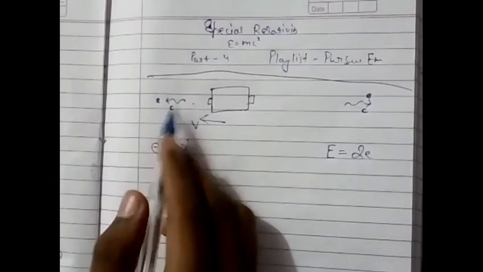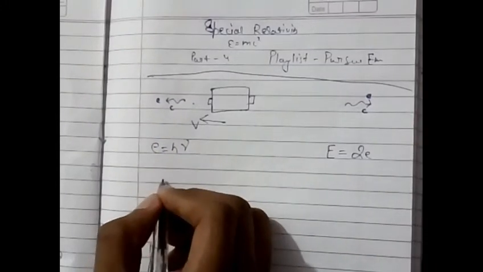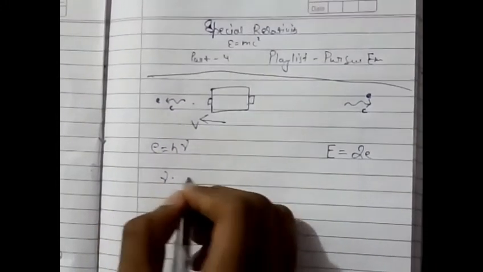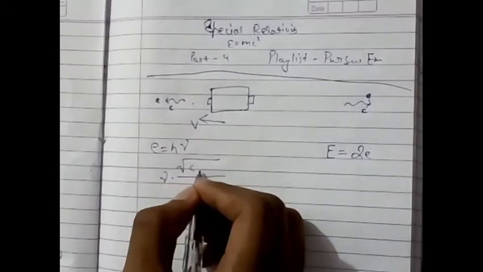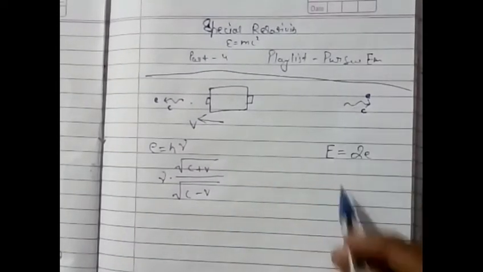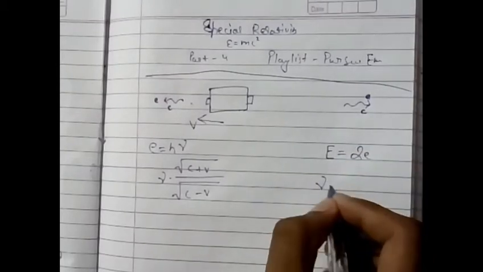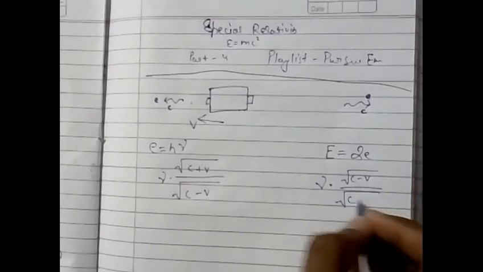That is, of this photon the frequency will be nu times under root C plus V over under root C minus V, and the frequency of this photon will be nu times under root C minus V over under root C plus V, where V is the velocity of the vehicle and C is the speed of light.